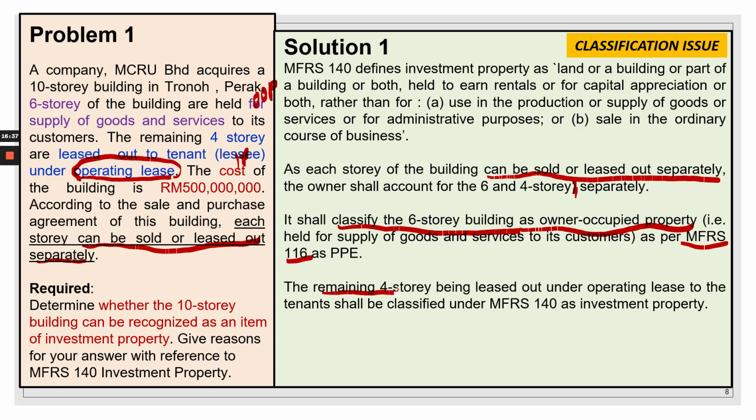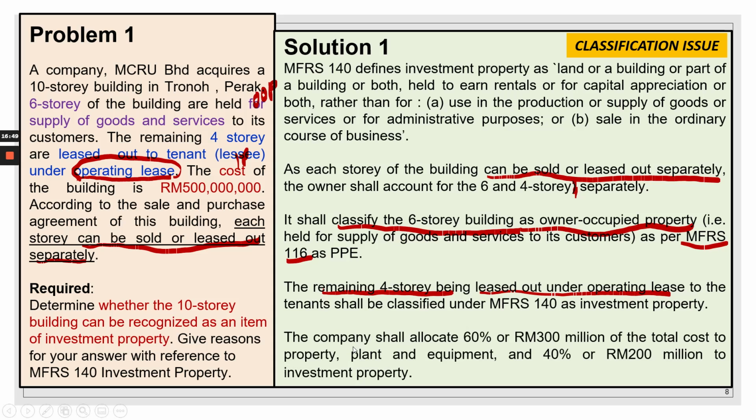The remaining 4 stories that were leased out under operating lease to the tenant shall be classified as investment property under MFRS 140. The company shall allocate 60% of the 500 million total cost, which is 300 million, as PPE, disclosed as a non-current asset in the statement of financial position, and 40% as investment property.